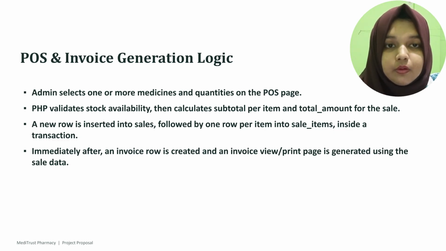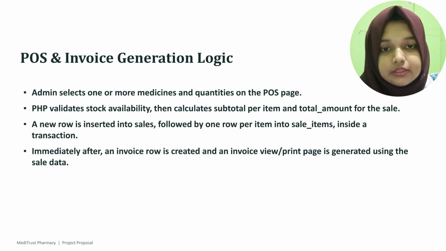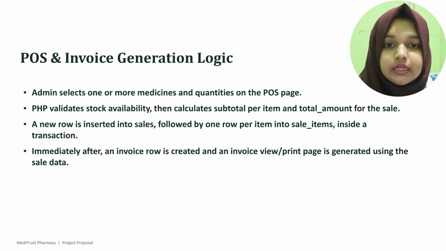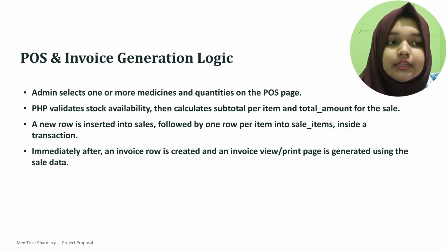A new row is inserted into sales, followed by one row for each item. It is all done inside a transaction. And immediately after an invoice row is created, an invoice view or print page is generated using the sale data.